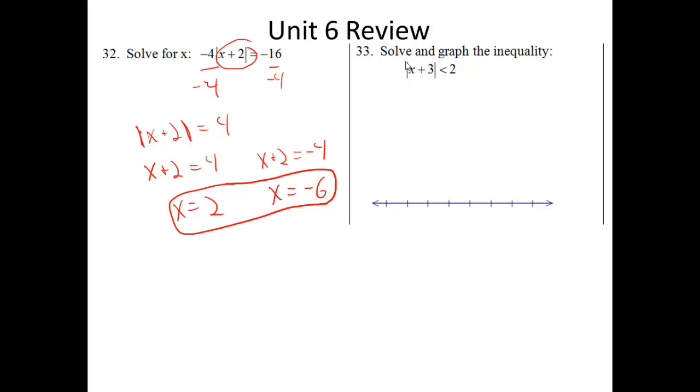33, we're going to solve and graph, and that's kind of like what we just did. We're going to create two different equations. One is going to be that x plus 3 is less than 2. And then we also have to say that x plus 3 is greater than -2. Again, now we get x by itself.